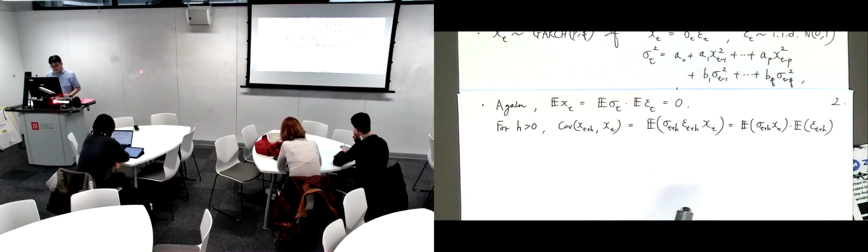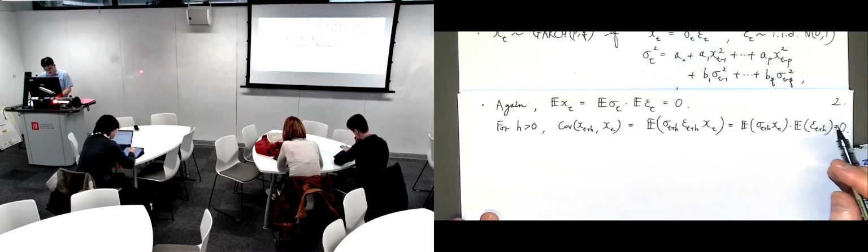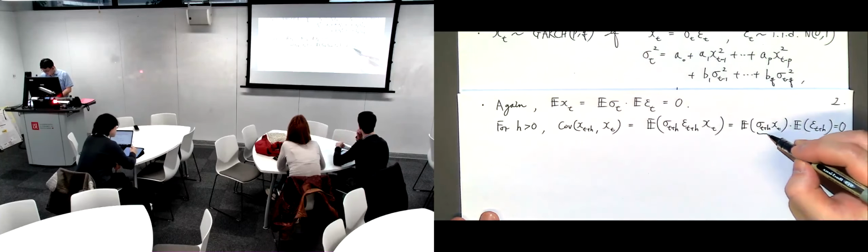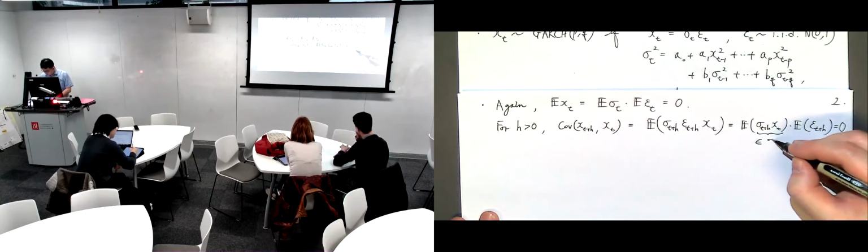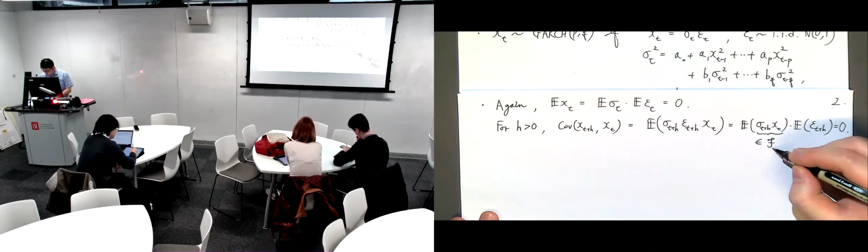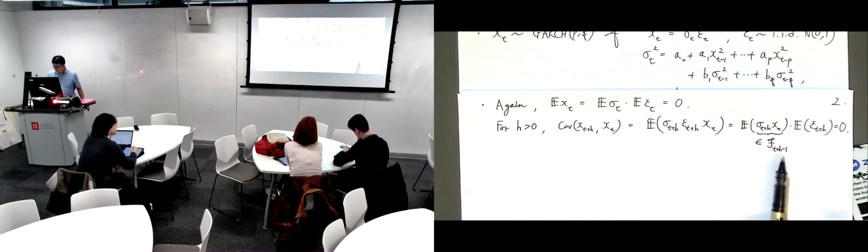So the calculation is completely the same as when we dealt with the ARCH model. So this is 0. x t times sigma t plus h just belongs to information up to t plus h minus 1, and of course then this is independent of epsilon t plus h.